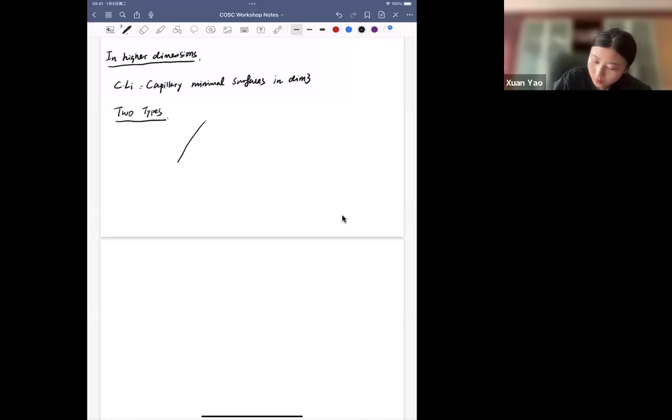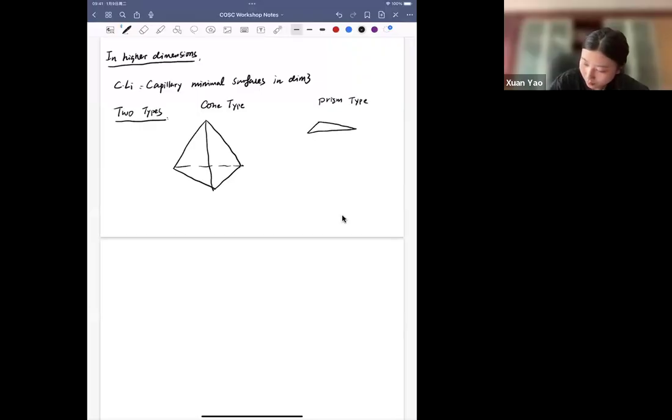The first type is what he called a cone type. The second type is what he called a prism type. Basically, it has two bottoms which are parallel.